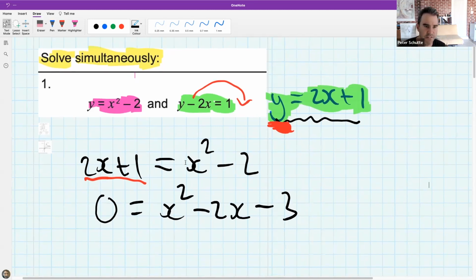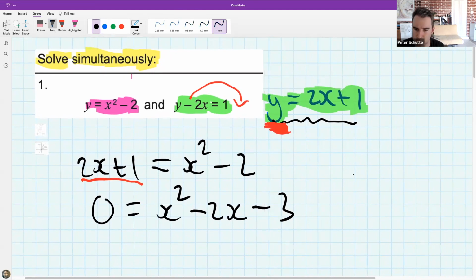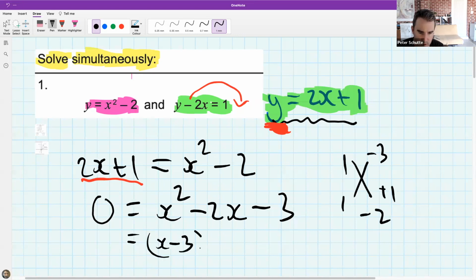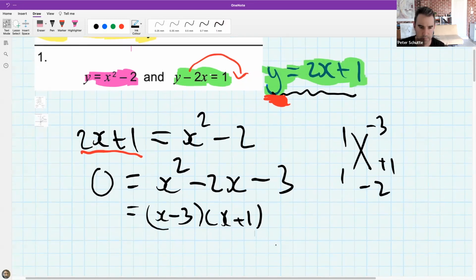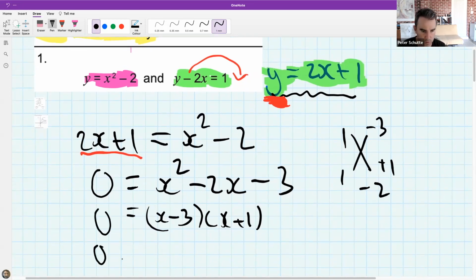So let's go and find the answer. Some of you will have used the formula. To speed things up, I'm going to use factorizing here. So let's go minus 1. But my formula people should get the same answer as me. So then we get x is 3, and we can even split it.